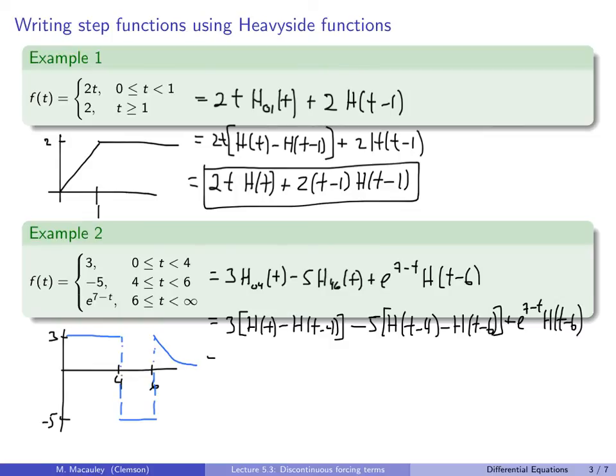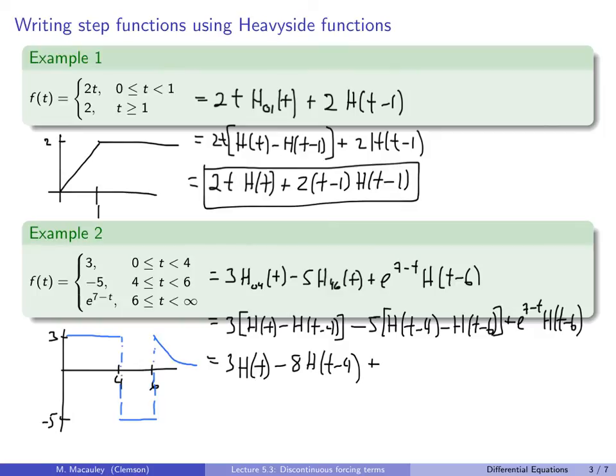And now let's collect terms. We have 3 h of t's here. How many h of t minus 4's do we have? We have negative 3 and we have negative 5. So that's minus 8 times h of t minus 4. And how many h of t minus 6's do we have? We have positive 5 of those.